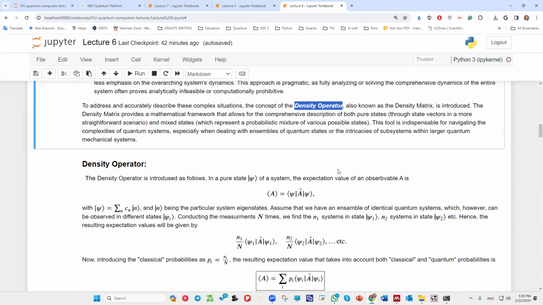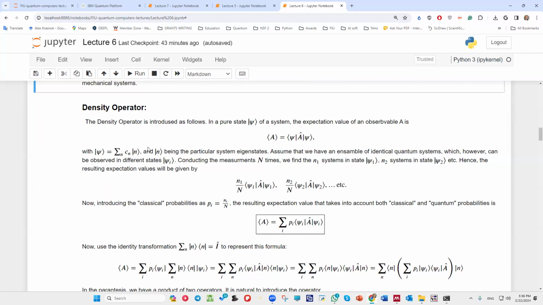So having said all this, let me introduce the concept of the density operator, which is quite general.